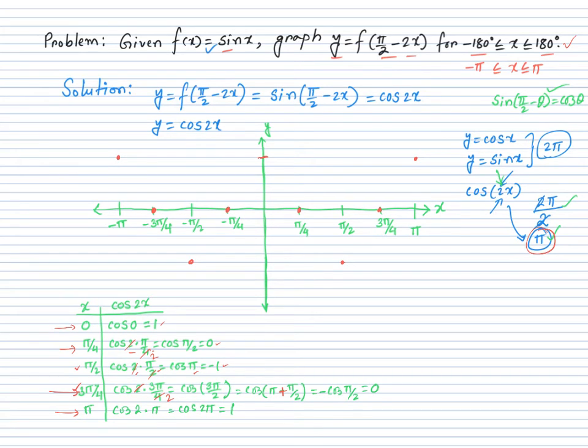So now if I connect these points, okay, I'm going to get the following. It's not going to be perfect, but I'm going to try as much as I can. Now it's going to come down like this. Go like that.